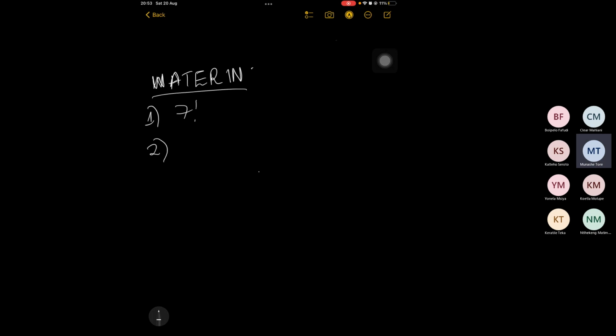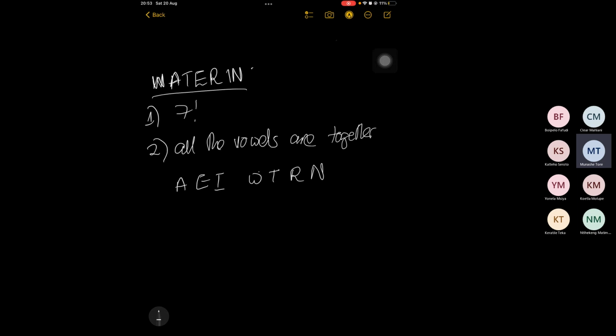Then on this one, he said, how many words can you formulate such that all the vowels are together, isn't it? So if all the vowels are together, it's going to be A, E, I. Then we have W, T, R, and N, isn't it?